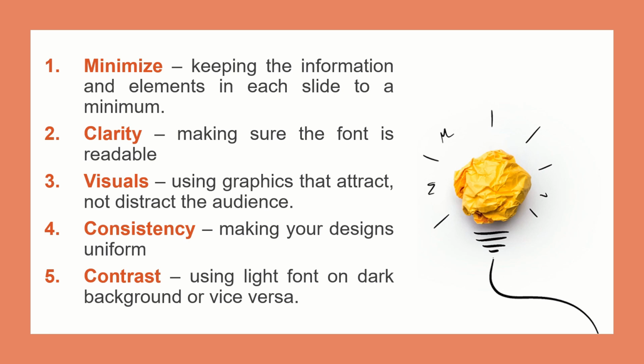Making your designs uniform. The design should not keep changing. For example, if this is the font style you used, for example Arial, and this highlighted term, what do we call this? Highlighted term, this is the color you used, orange for example, then everything should be orange, and all the content should be Arial.